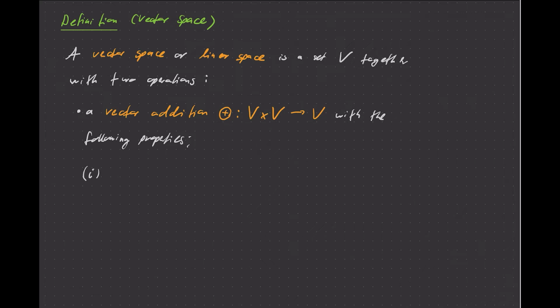So the first property: we require the existence of a so-called neutral element. That is an element that, if added to an arbitrary vector, does not change that vector.